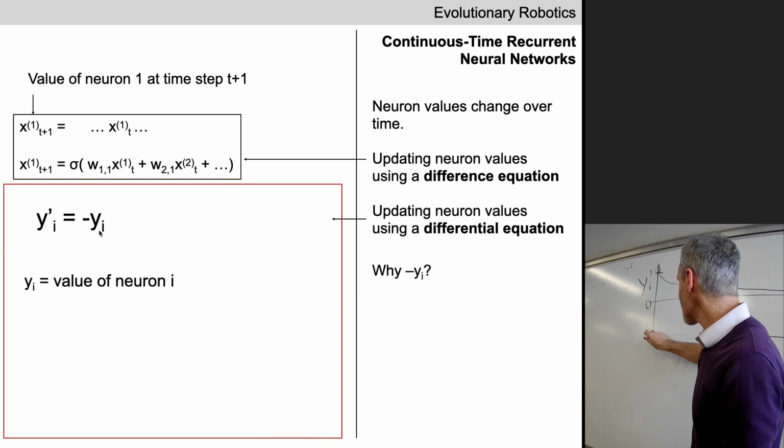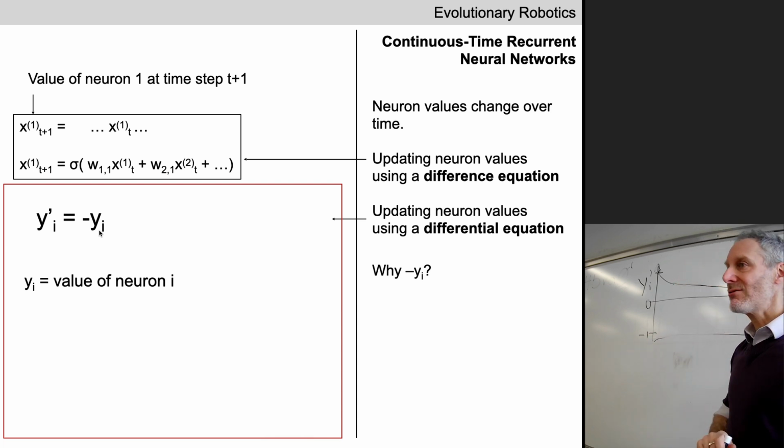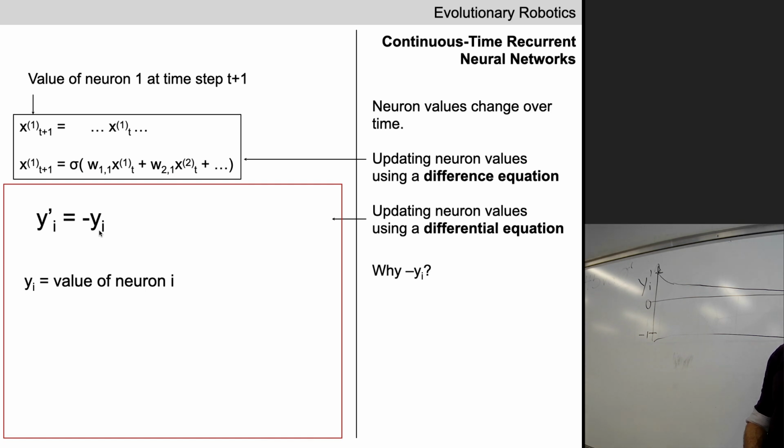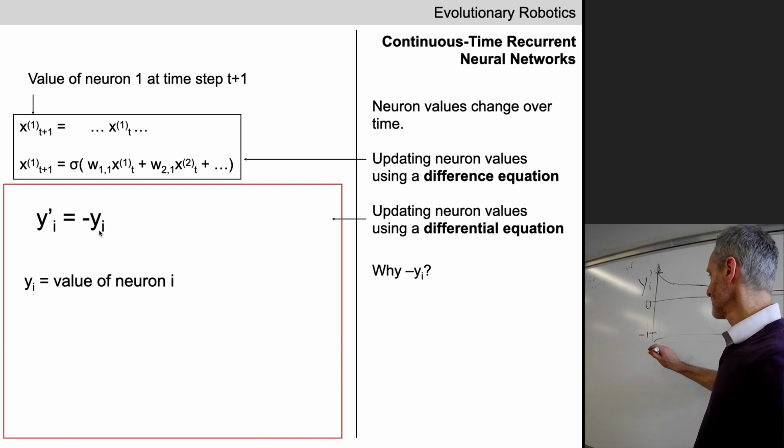Okay, let's play this game again. Let's reset the neuron and set its initial value to minus 1. Now what happens? Take this initial value, plug it into the right-hand side of the ODE. What happens? We're just mirroring on the negative axis.